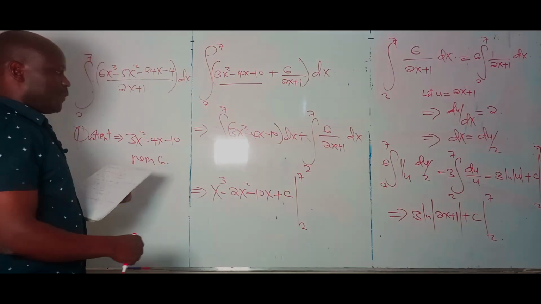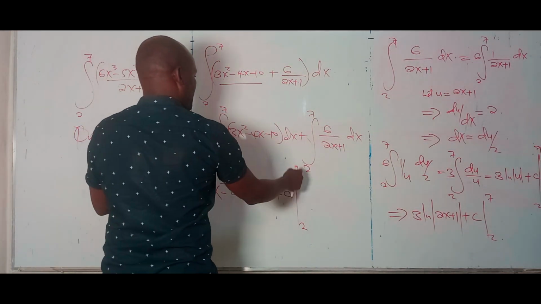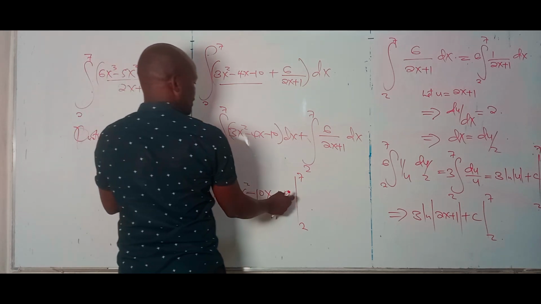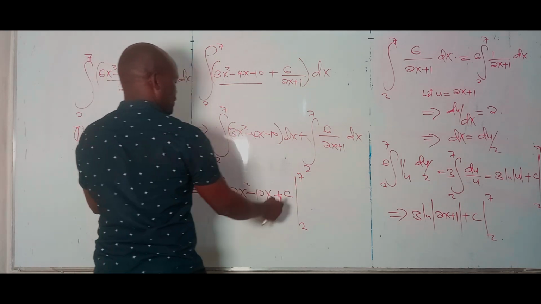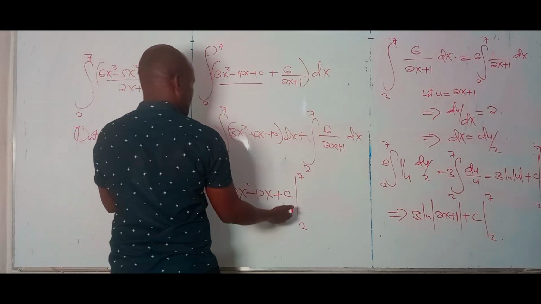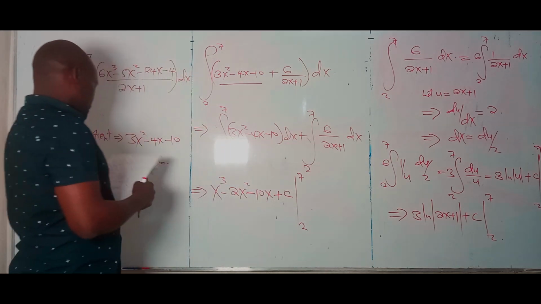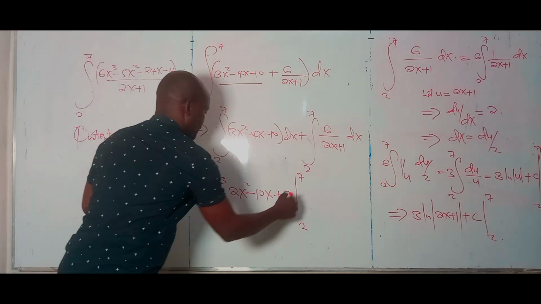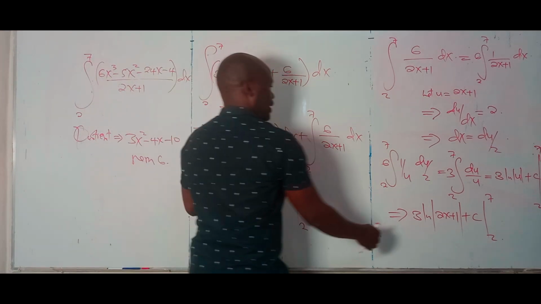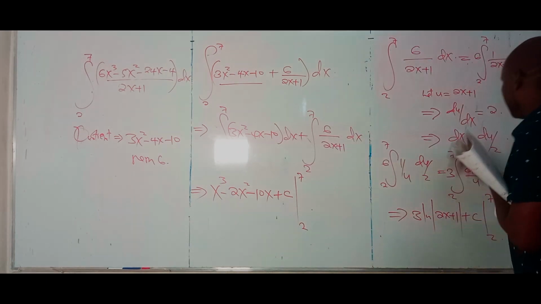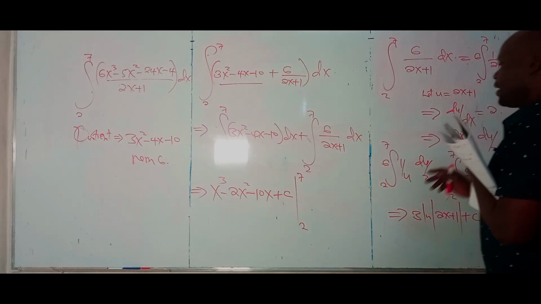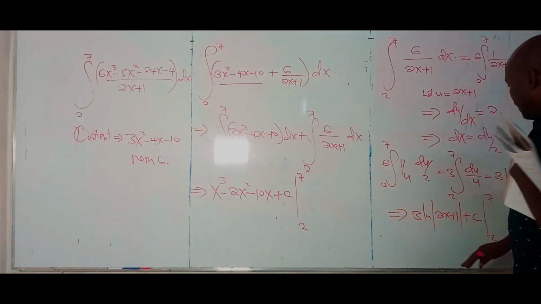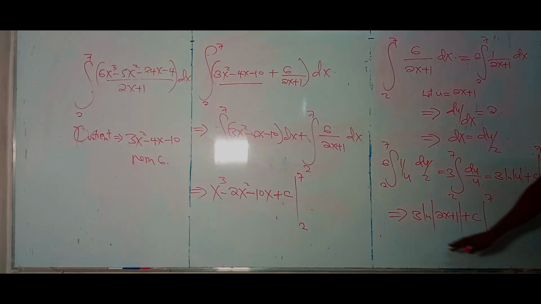Now, if you apply these limits, you will see that c cancels by the time you apply the limits. Apply the limits on this and apply the limits on this, then add.